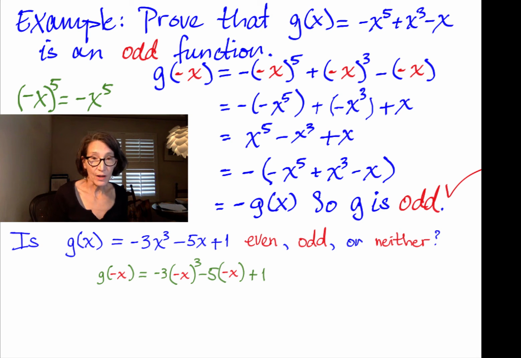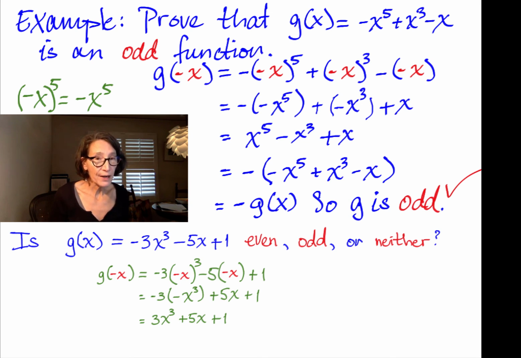Now let's simplify. So -3 times negative x cubed, and then -5 times negative x is plus 5x. And then I have a plus 1. So now in that first term, I have a negative times a negative, so that's a positive. So I've got 3 times x to the third plus 5x plus 1.